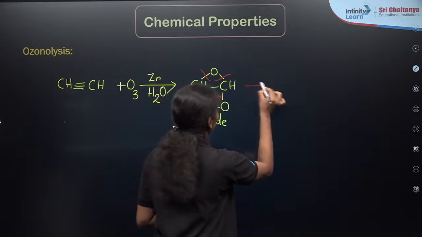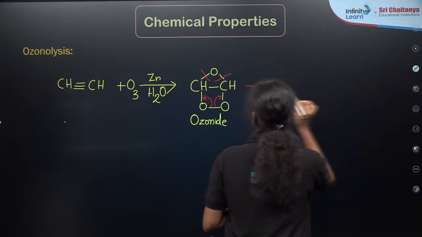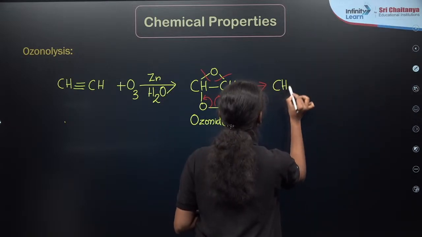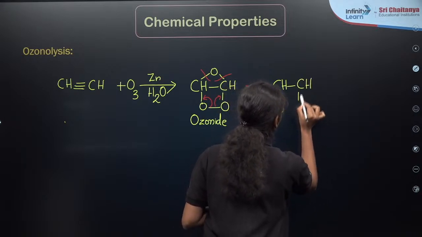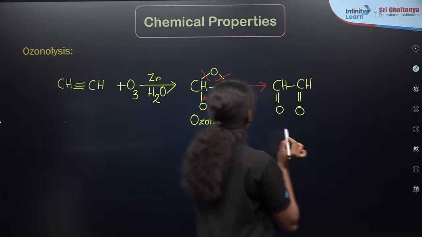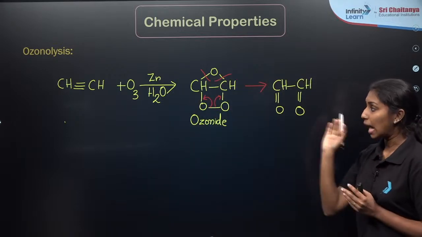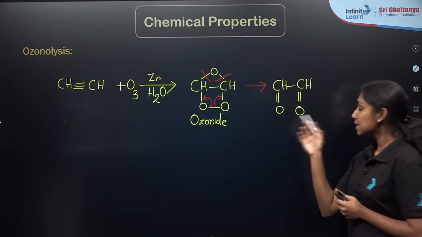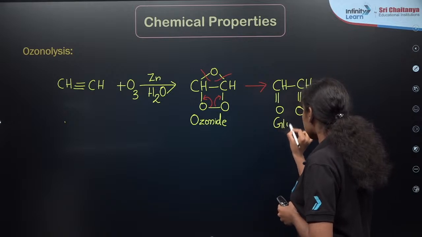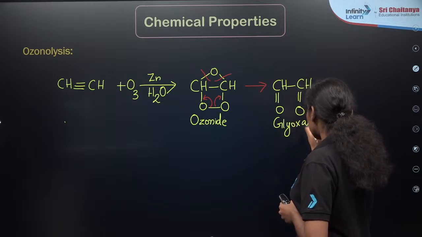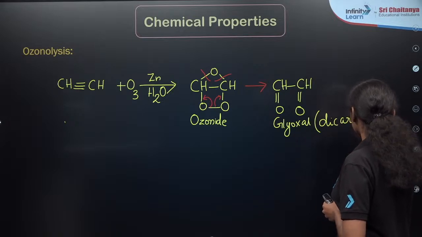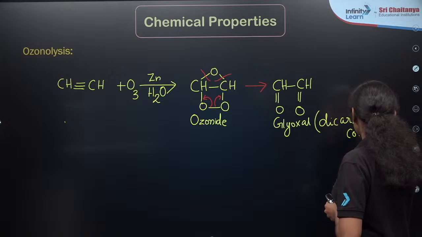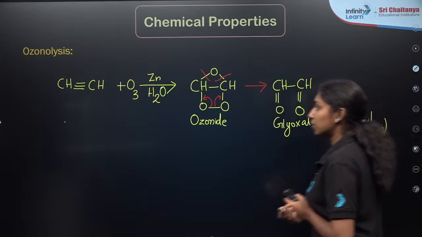Then it will form the final product of ozonolysis of alkyne, or the acetylene here. This particular compound is known as glyoxal, or it is also known as a dicarbonyl compound. Clear?